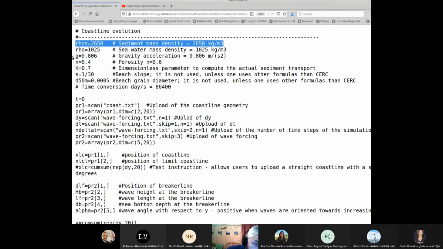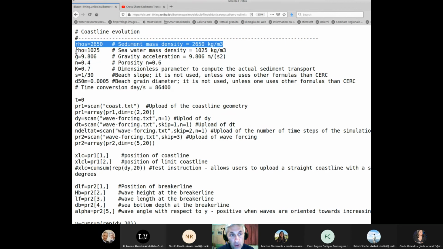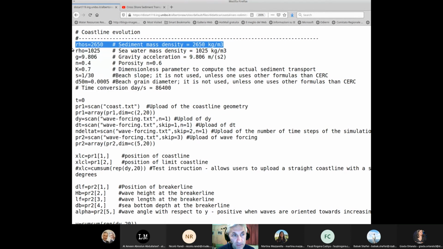First, there is the definition of the variable, RHOS equal to 2650. And then there is a comment: sediments mass density equal to 2650 kilograms per cubic meter. Okay, I already copied it. Let me put it into R.